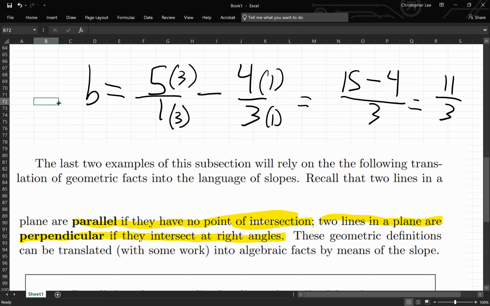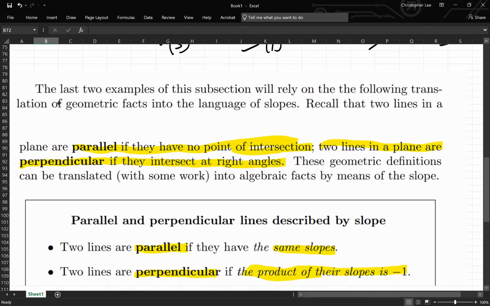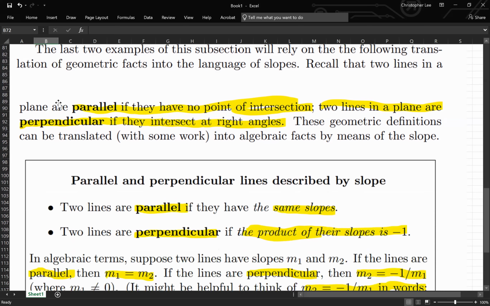Two lines in a plane are perpendicular if they intersect at right angles. So these geometric definitions can be translated with some work into algebraic facts by means of the slope. So parallel and perpendicular lines described by the slope. So two lines are parallel if they have the same slope, right?